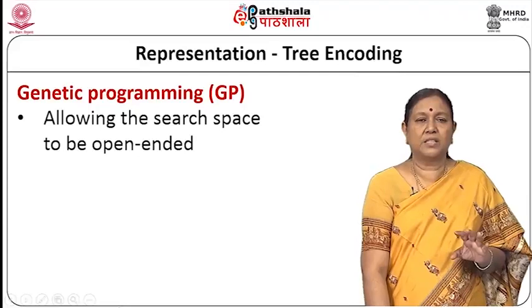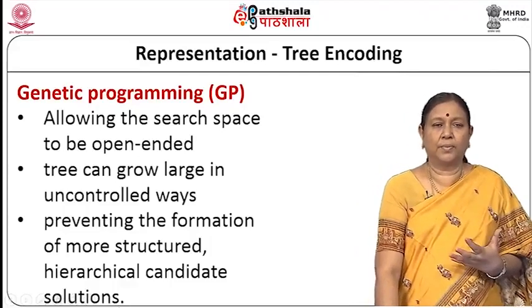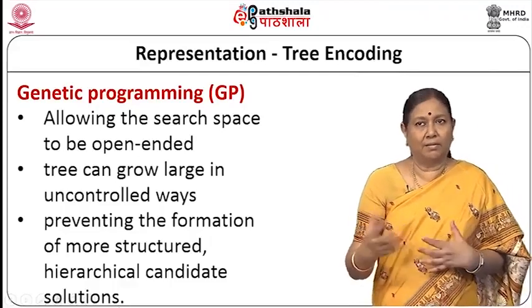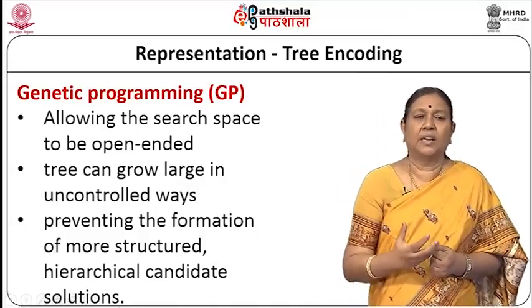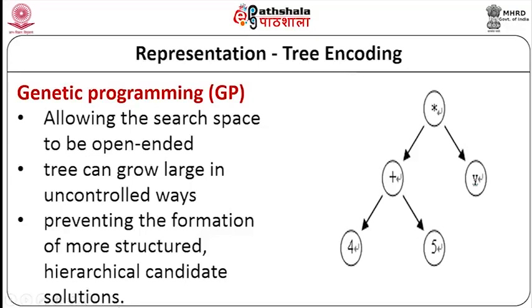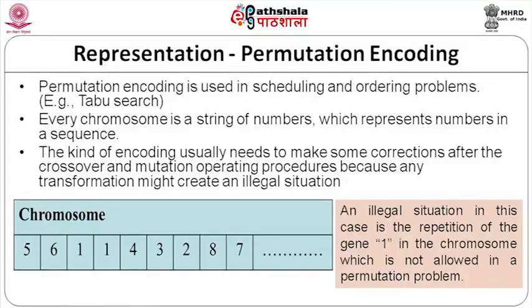Allowing the search space to be open ended, that is genetic programming, and the tree can grow in a lot of uncontrolled ways, preventing the formation of more structured hierarchical candidate solutions. For example, this is a tree encoding. It is not a linear structure. The other two were linear structures, this is a tree encoding, just to tell you that it is an encoding technique.